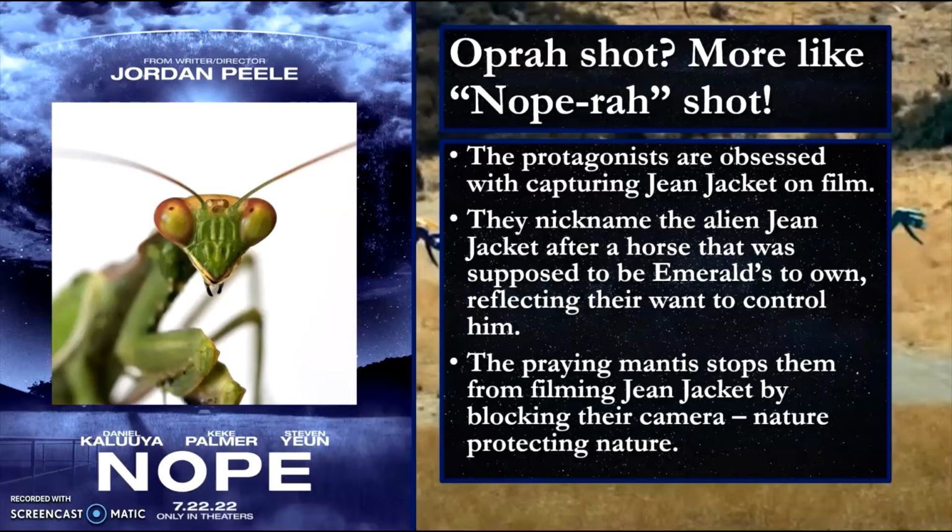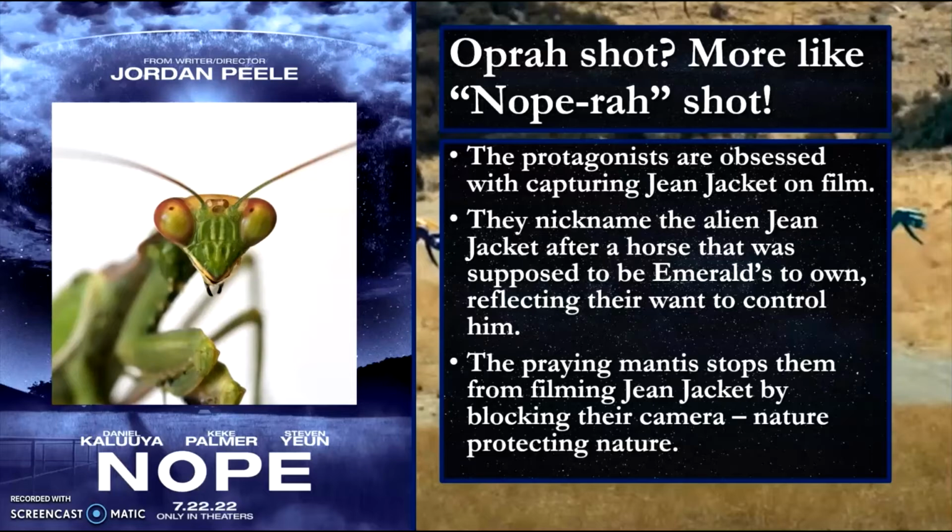And a better life. And the fact that they nicknamed the alien Jean Jacket at all, that sort of shows that they want to control him, because if you remember, Emerald was going to have a horse before their dad had to use it for some production, she was going to own that horse. It was going to be her own horse. So they're trying to own Jean Jacket and control him, right? Even though he's a wild animal.